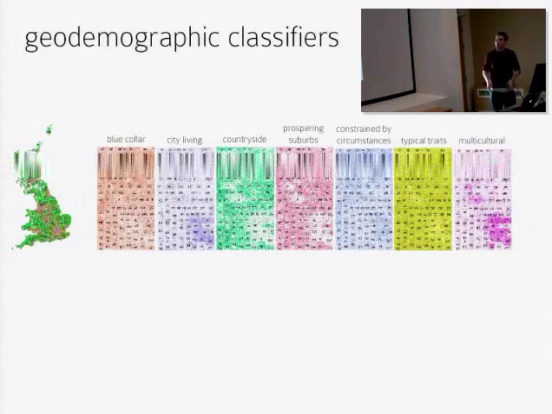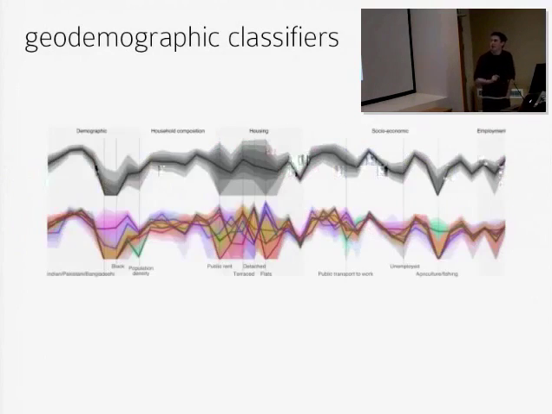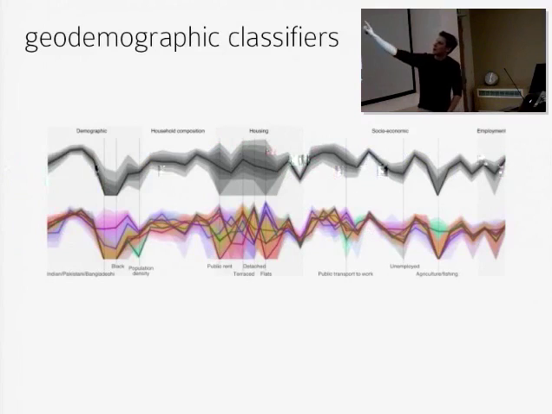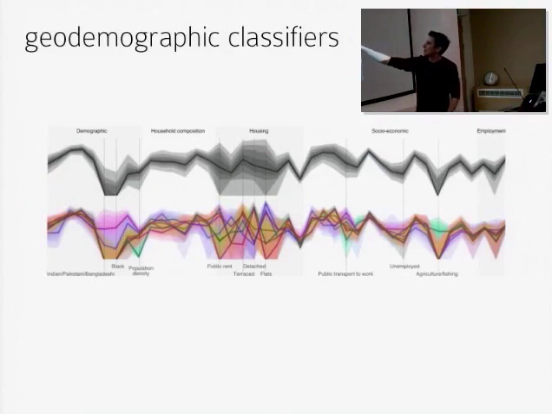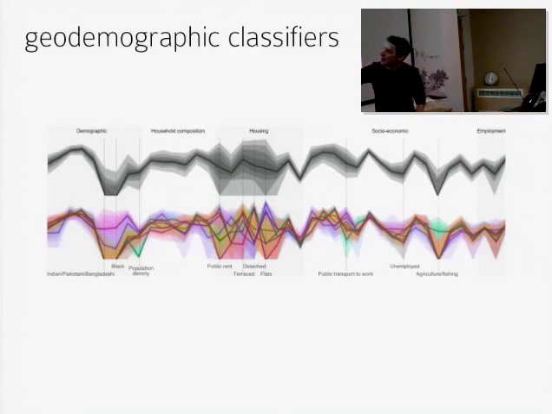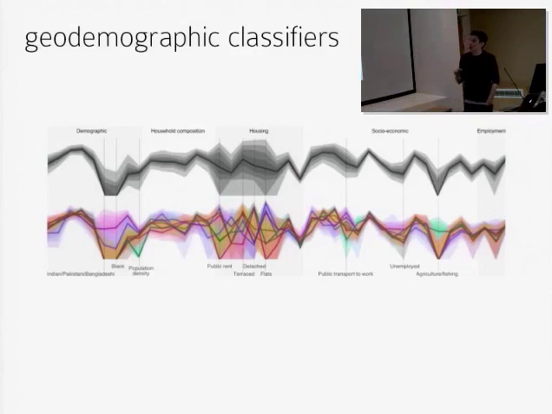We don't really think too much about probability associated with these things, and there are probabilities associated with them, because this is a parallel coordinate plot of the variables on which the output area classification is based, and we're grouping them by themes. So here are employment ones, socioeconomic ones, housing ones, demographic ones.